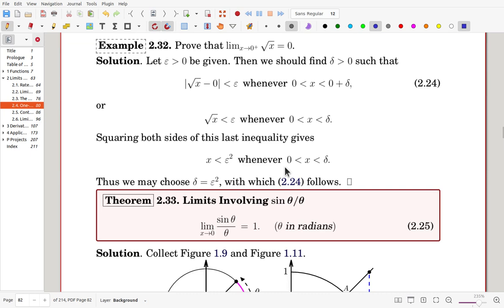In this example, we'll prove that the limit as x approaches 0 from the right of the square root of x equals 0.